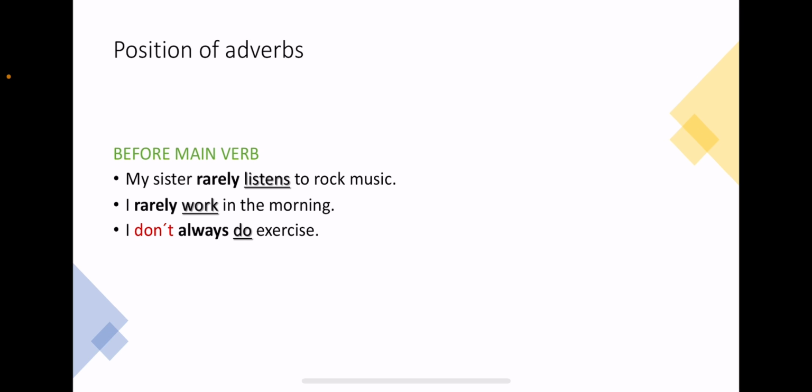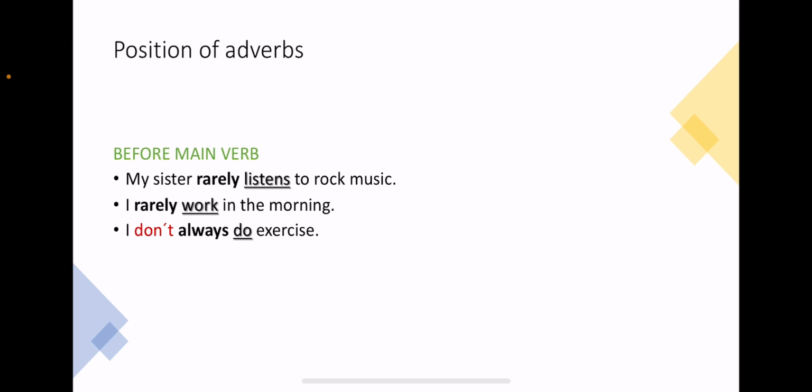Now, when we have negatives, like in the last example, remember that we use don't as the auxiliary to create the negative. So, I don't do exercise. But remember, because we have an adverb, we need to put the adverb before the main verb, and the main verb is do.